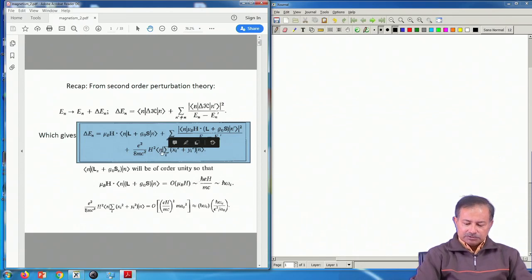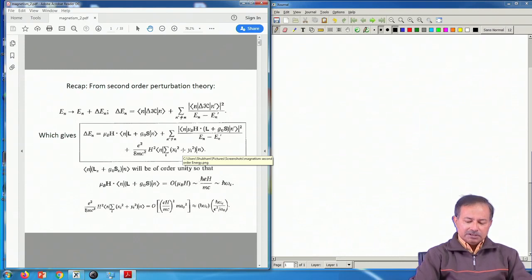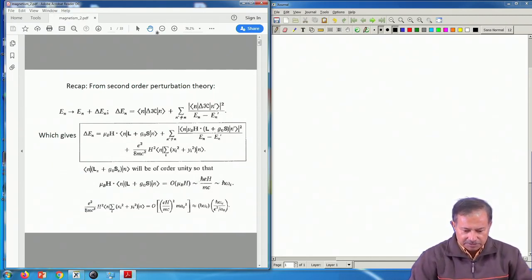So, this contribution will always be there, the third one, the diamagnetic contribution, whereas the first term is overwhelmingly large when you have a non-zero moment, and so generally one neglects the second and the third term if the first term is present, and that is called the paramagnetic contribution. As shown here, this is much larger. We discussed this in earlier slides.